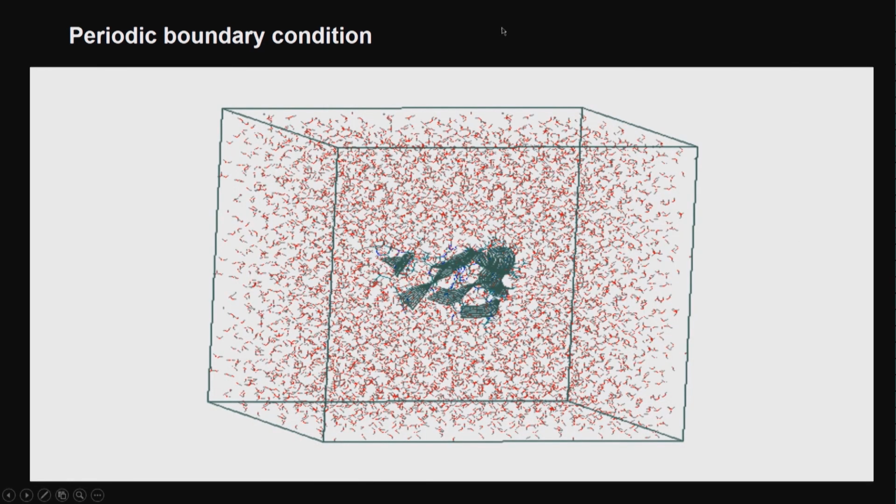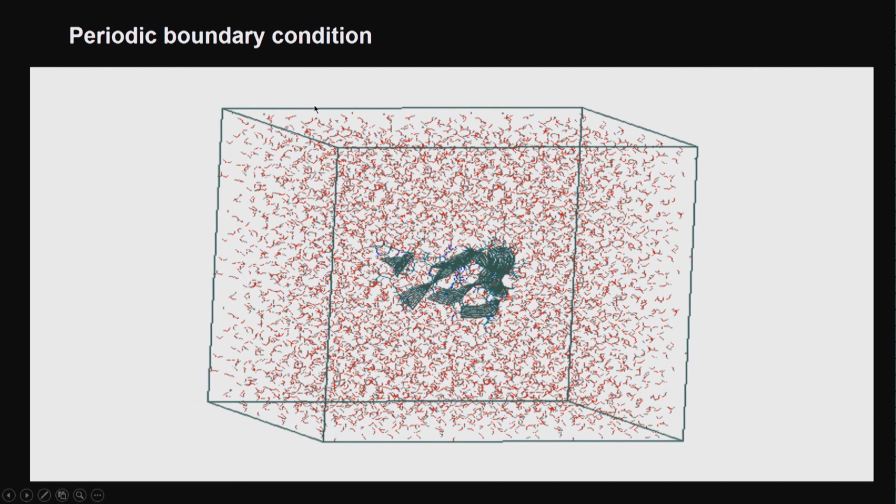For example, this is a protein, and this is a periodic box that we have assumed, a large cube, with a lot of water molecules here, and we assume similar boxes on all the 6 sides of this cube. So we can perform molecular dynamics simulations and conformational changes. If one water molecule goes out from this box to the box outside, it is assumed another water molecule will enter. So the number of water molecules inside will always be constant, so the density is constant.